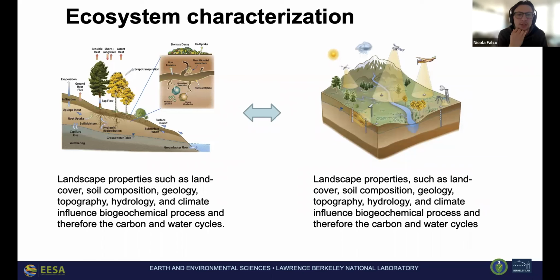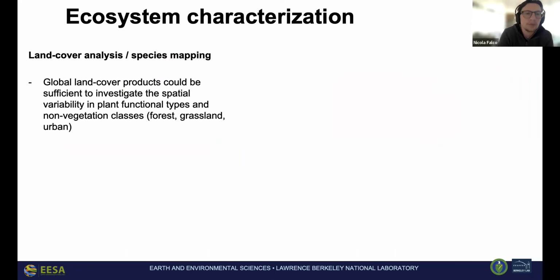And so these kinds of processes can be observed using observing platforms, right? So we can derive proxies using sensing technology, and that can provide information and can inform on such biogeochemical processes. And so, land cover analysis and species mapping, right?